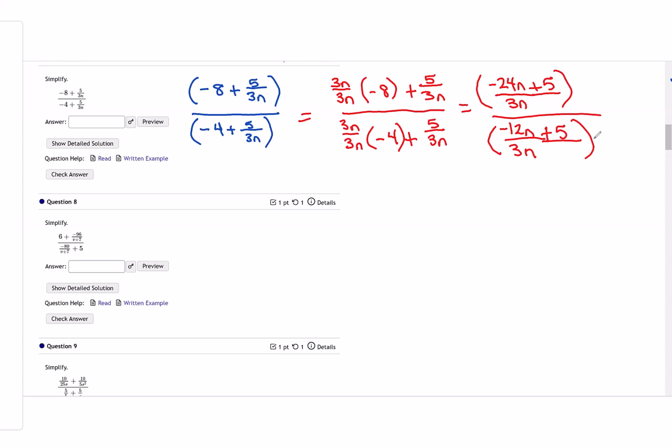Now I have a fraction over a fraction. I can simplify. First, I'm going to keep, change, flip.